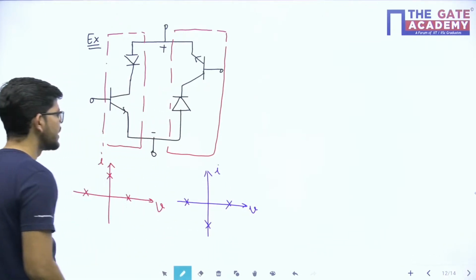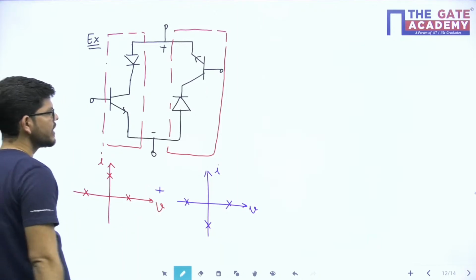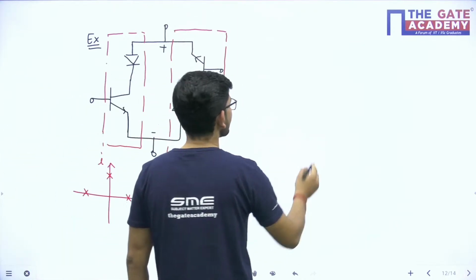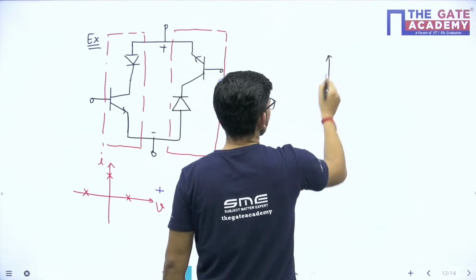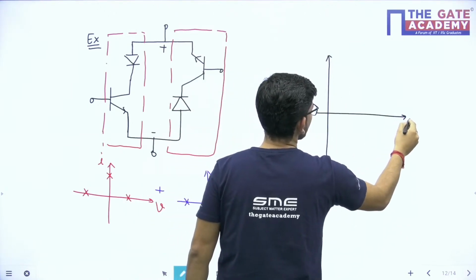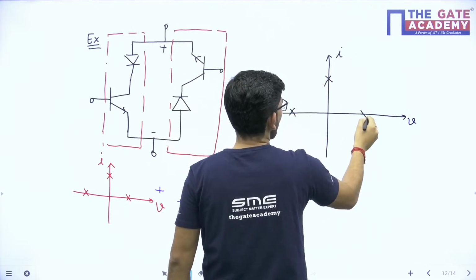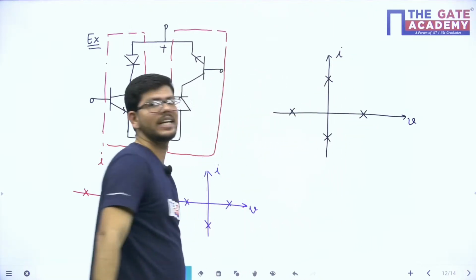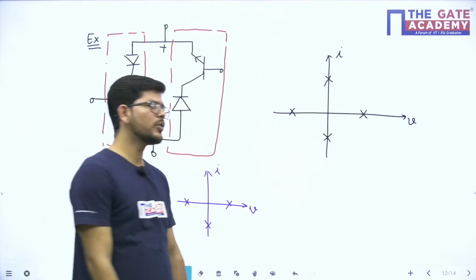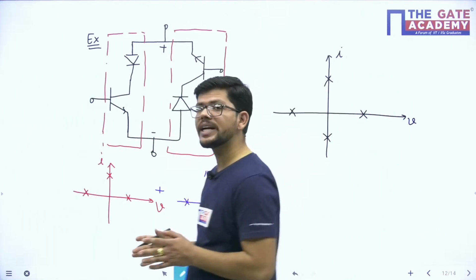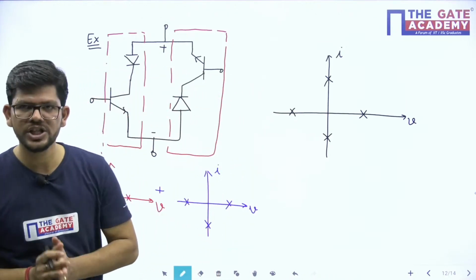Now you will add both of them and the common characteristic will have a shape like this. All the four quadrants will be the safe operating area. So this is how you will determine the safe operating area of a composite switch, isn't it?